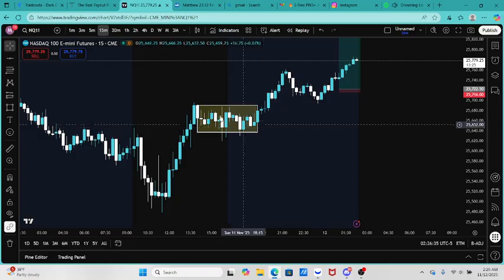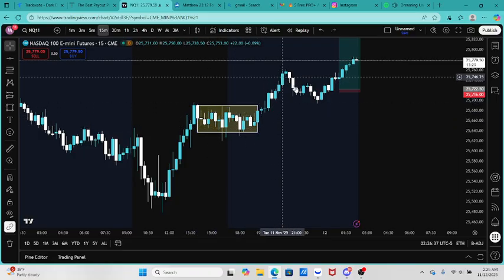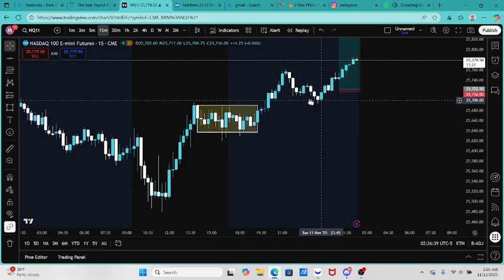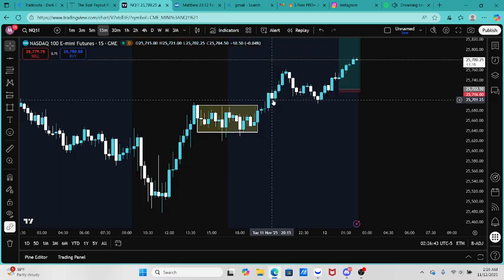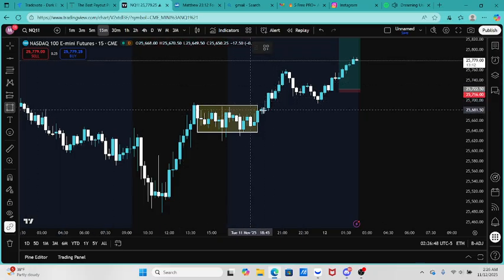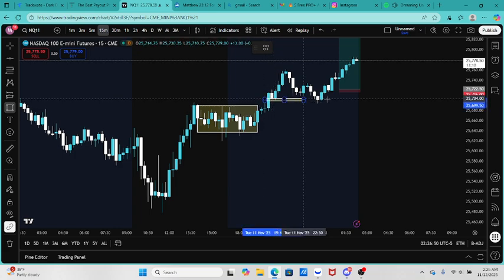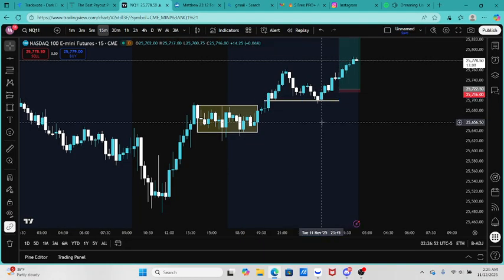On the 15-minute, we traded above this chop from earlier, came back down, took out these lows, and this low right here, traded into this tiny little fair value gap. So price has just been showing all night that it doesn't want to go higher.